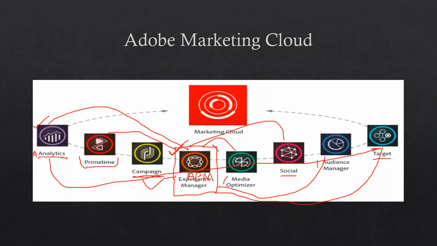Target decides, as does Audience Manager, by the way. The same data is sent to Target and Audience Manager. They decide whether we need to target that audience, if that audience falls into the channel. Maybe you have observed this behavior on many e-commerce websites: whenever you keep some product in the cart, eventually you get a discount on that product, especially only for you.